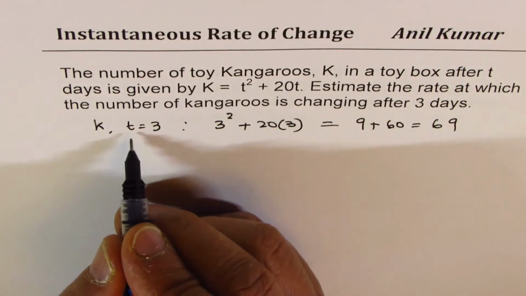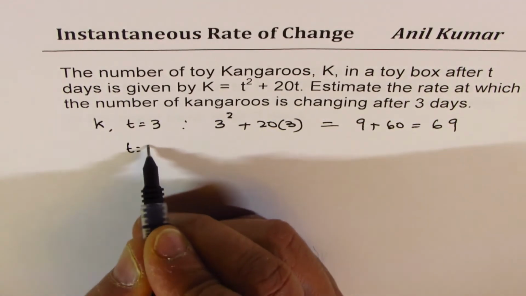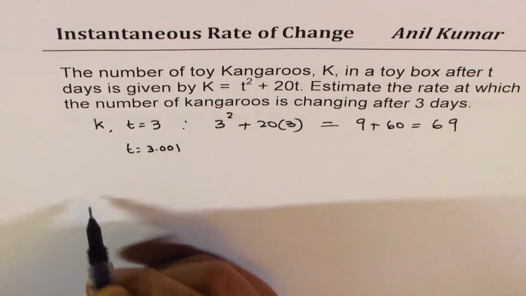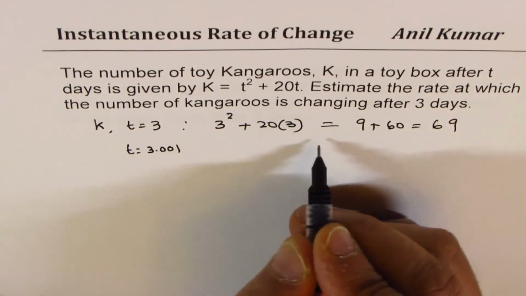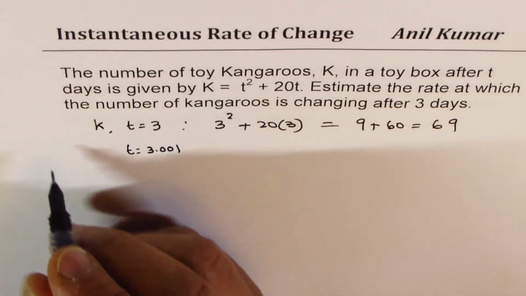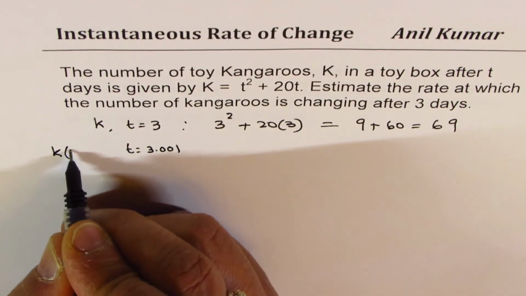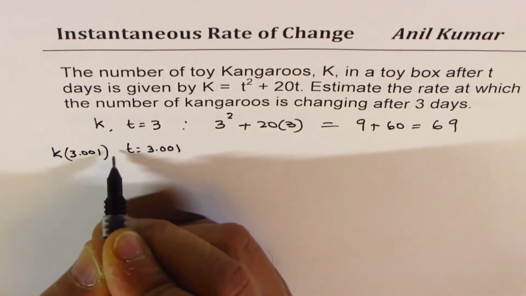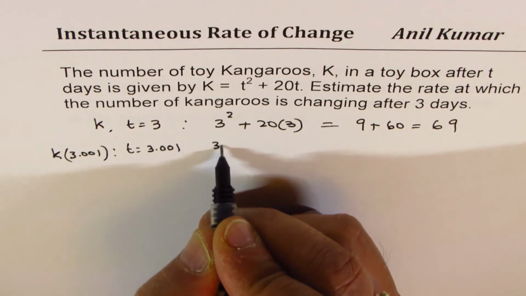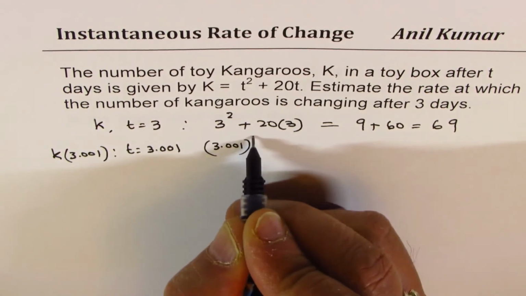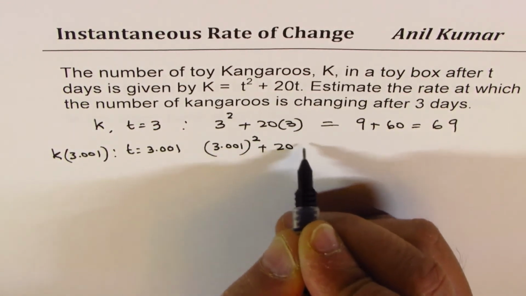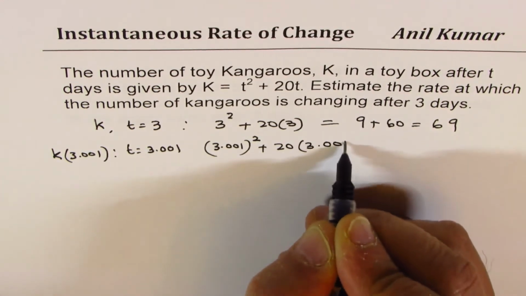Let's take a value which is very close to 3, let's say 3.001. Then what is the value of K? K at 3.001 will be 3.001 squared plus 20 times 3.001.